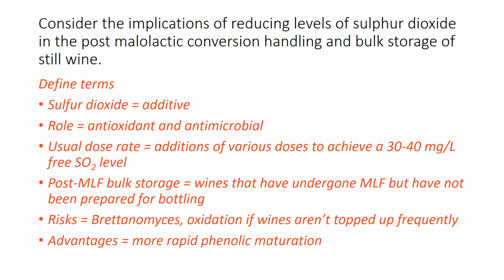They're asking for usual dose rates. So this would be additions of various doses to achieve a target value, usually something between 30 and 40 milligrams a liter of free sulfur dioxide, or maybe you could quote some of those molecular sulfur dioxide levels, like 0.8 in white wine or 0.5 in red wines.